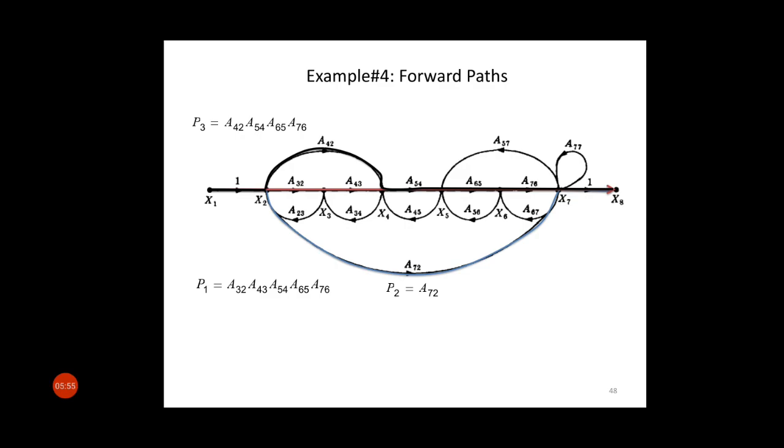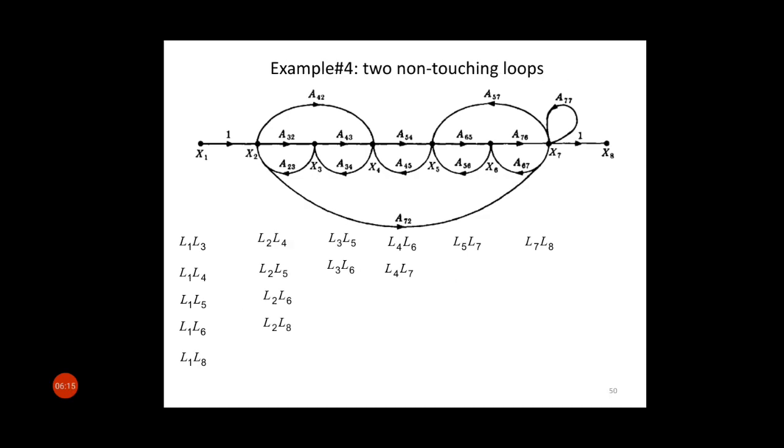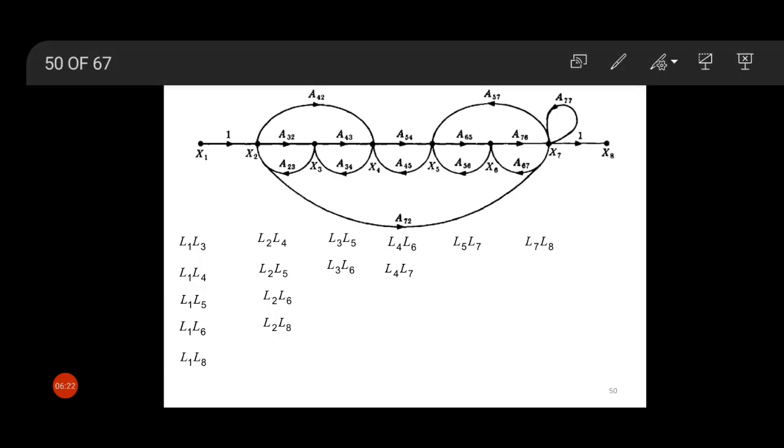Now first find how many loops there are. We have already seen there are 10 loops, and here I have mentioned all the 10 loop gains. Next, check how many two non-touching loops there are. These are the combinations of two non-touching loops. You see there are 15 such combinations.